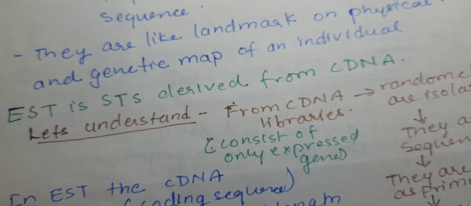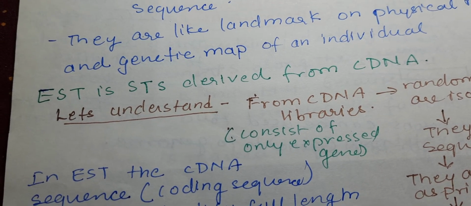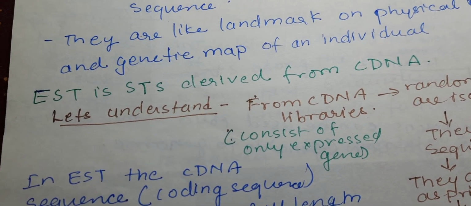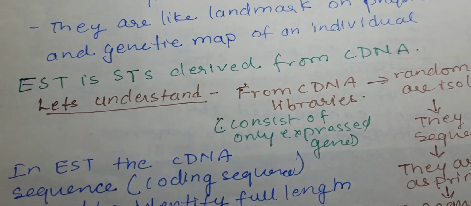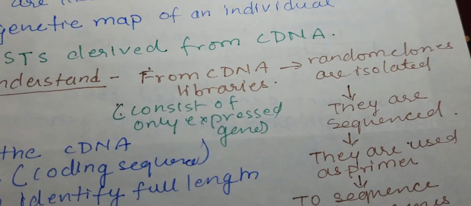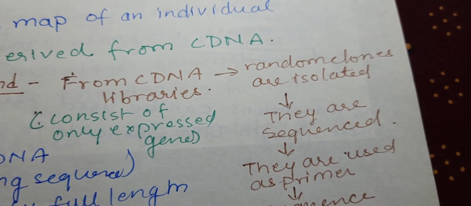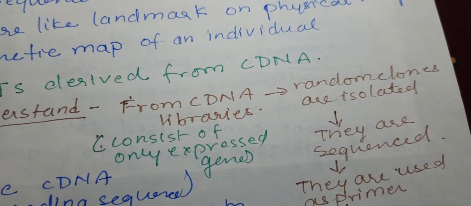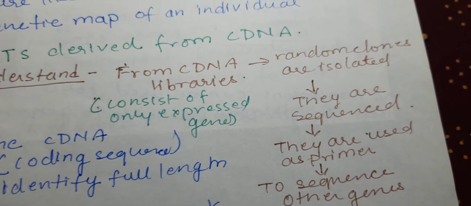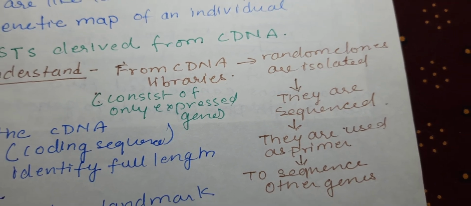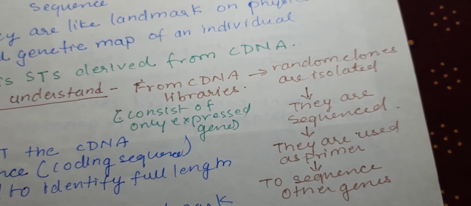EST, expressed sequence tags, are sequence tag sites derived from complementary DNA. From complementary DNA, random clones are isolated. There is a cDNA library, and from the cDNA library you randomly select certain inserts.